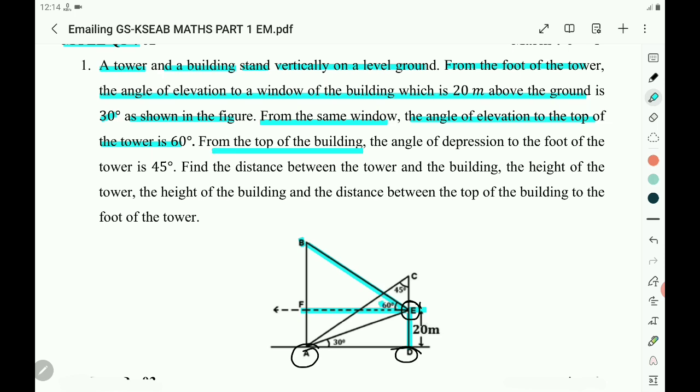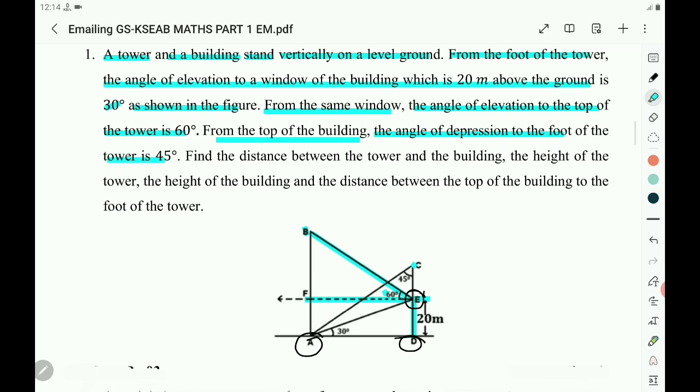From the top of the building, the angle of depression to the foot of the tower is 45 degree. From the top of the building, means top of the building is C. From the top of the building C, the angle of depression to the foot of the tower. Foot of the tower is E and angle of depression is 45 degree.